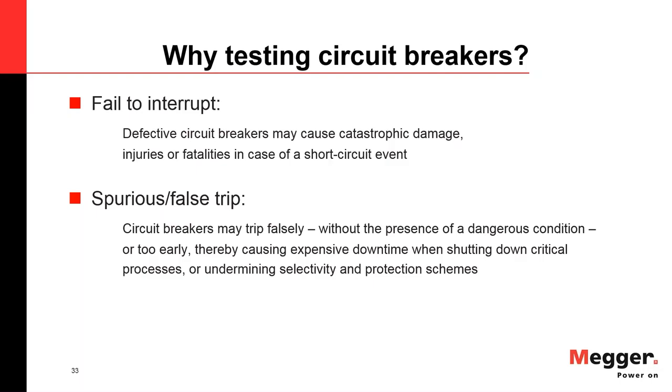So a fail to interrupt can be a potential disaster, but the opposite is also quite harmful to businesses. This is more of a business point of view. If a circuit breaker sees an overcurrent condition that is to a certain extent tolerable, acceptable, but it trips right away because of false coordination or whatever, it can be very costly.